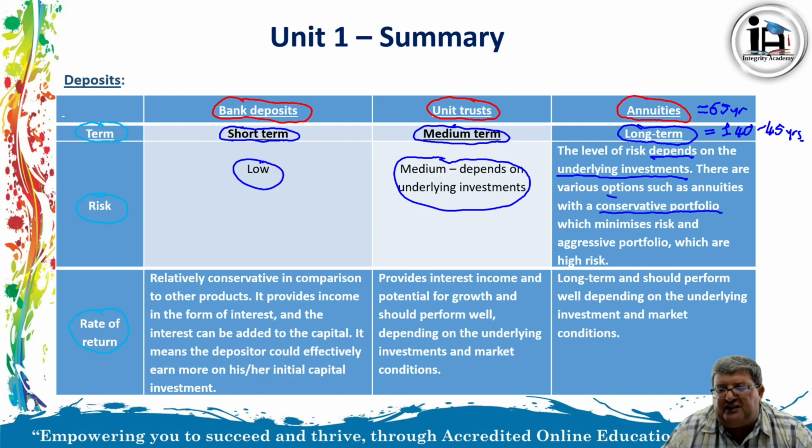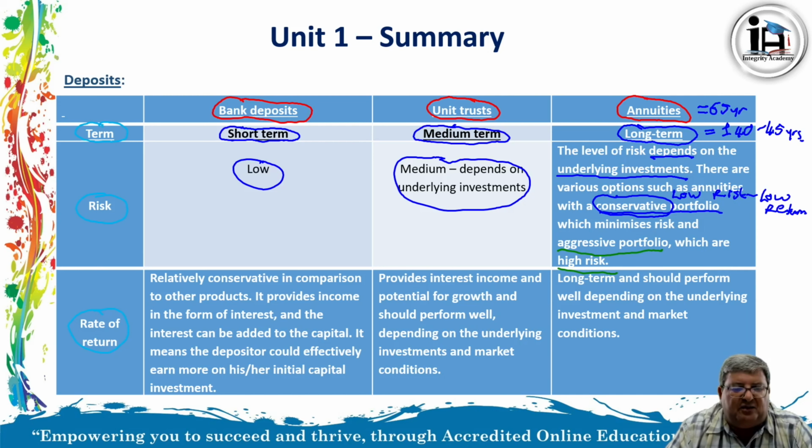We know conservative is low risk, but also low returns, which means it minimizes risk, and an aggressive portfolio, which is high risk. Alrighty.